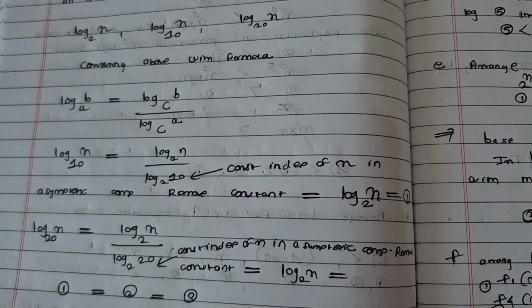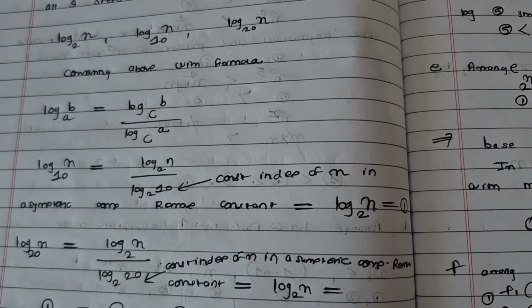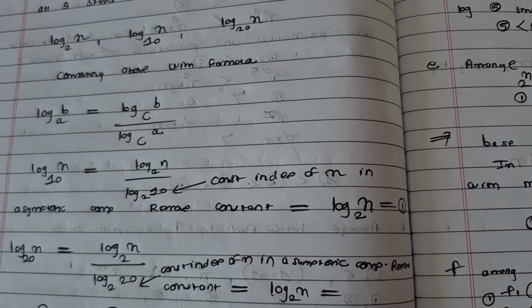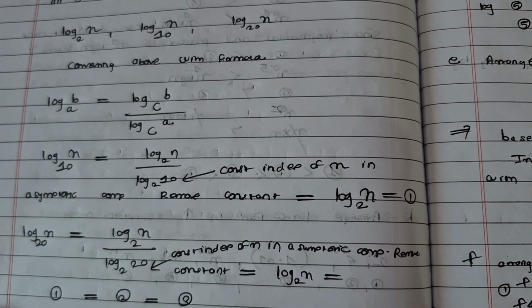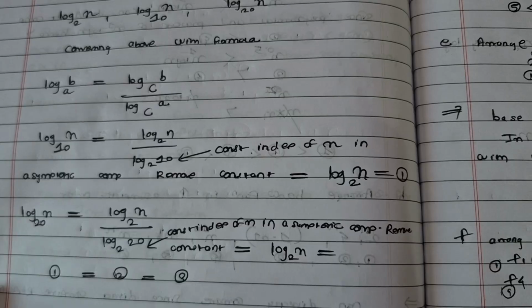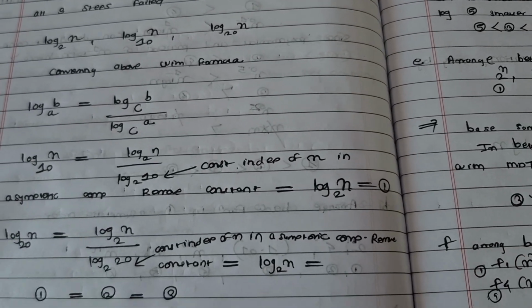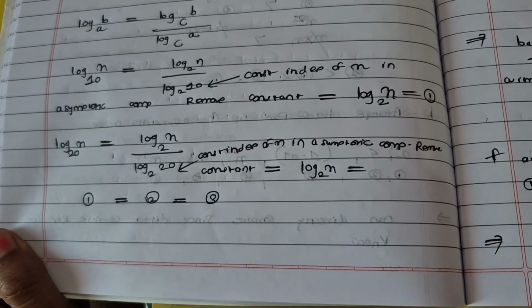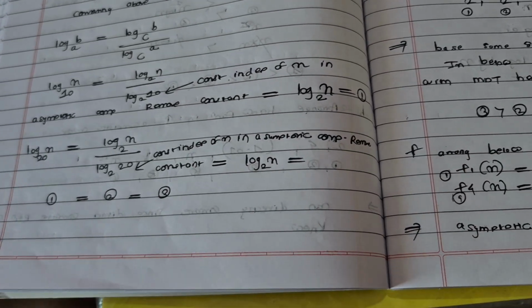There is a rule: a constant is independent of n in asymptotic comparison, so remove the constant. The denominator term gets completely removed because it's constant. So the answer is log to the base 2 of n. The same formula goes for the other two terms, and all are equal here.